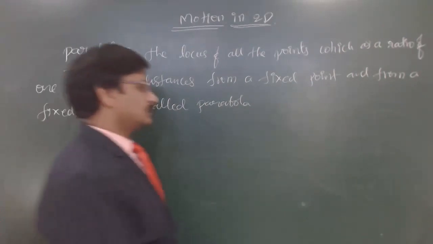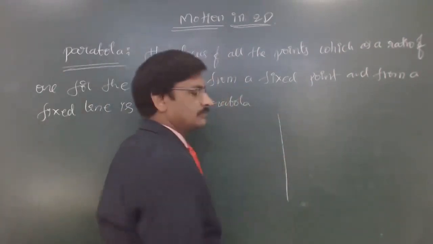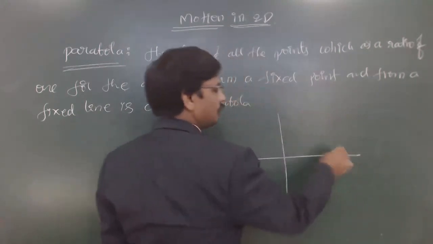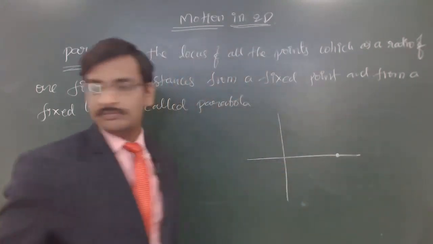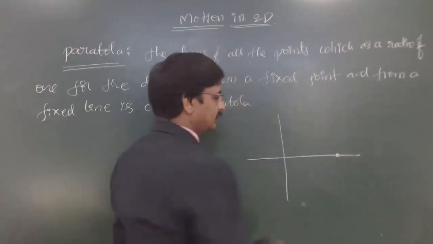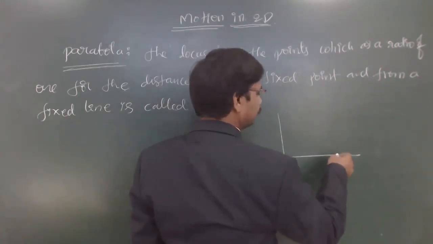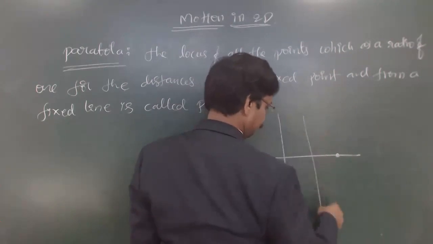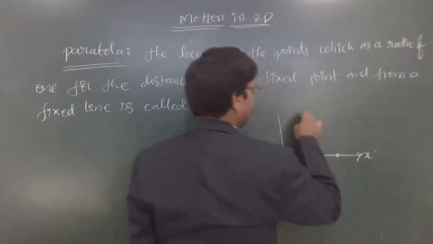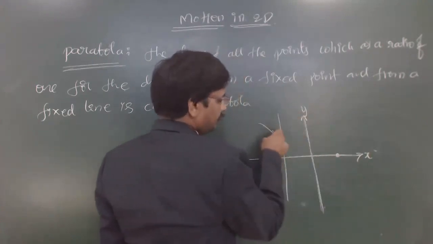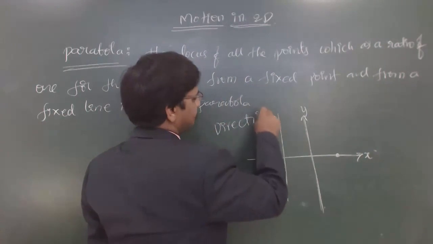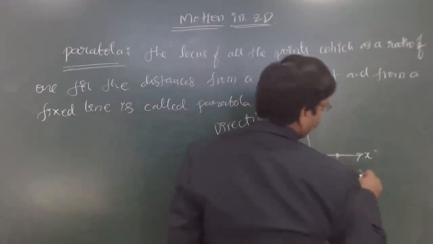What it says is, there is a fixed line like this, and then there will be a fixed point like this. So this is one fixed point and this is one fixed line. And then the ratio of the distances, that is, this is the x-axis and this is the y-axis, and this fixed line is called the directrix, and this fixed point is called the focus.